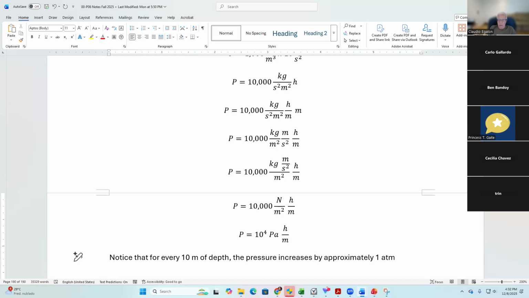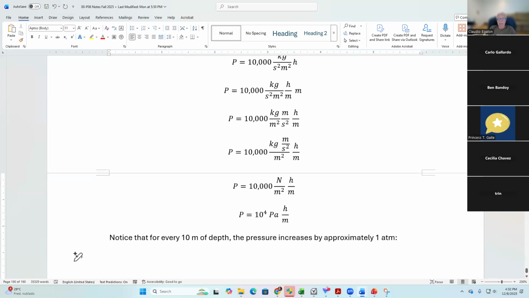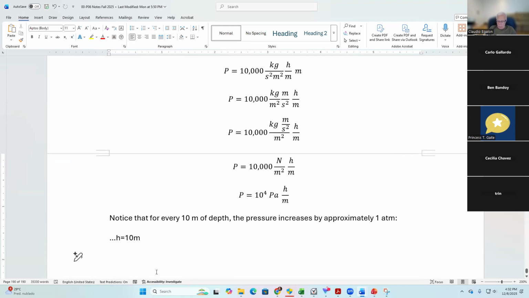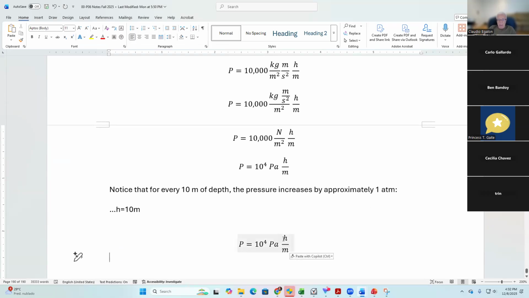Did you notice that? H equal to 10 meters. Isn't that nice? The pressure ends up being equal to 1 atmosphere, right? 10 meters. Meter cancels out with the meter.